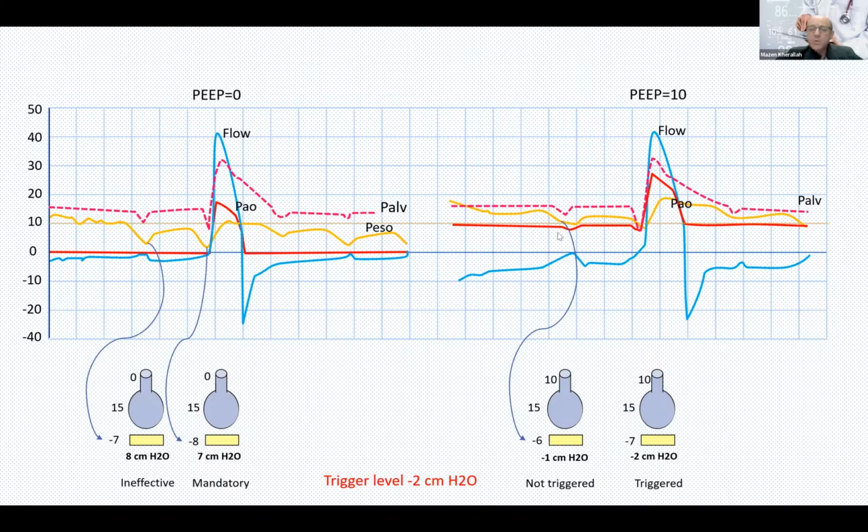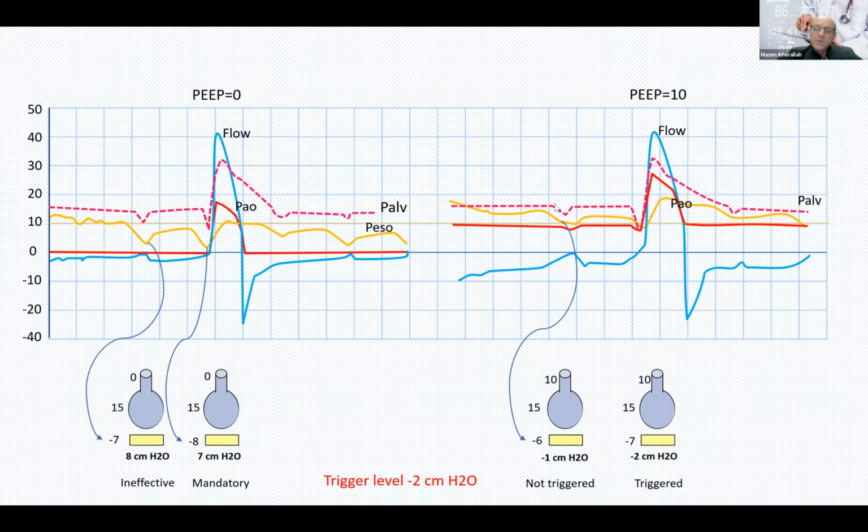While this patient in this breath here, you can see he dropped the esophageal pressure by 6 centimeters of water. That's 15 minus 6, which is 9. So he dropped the pressure only by 1 centimeter of water. It was not enough to trigger the ventilator.